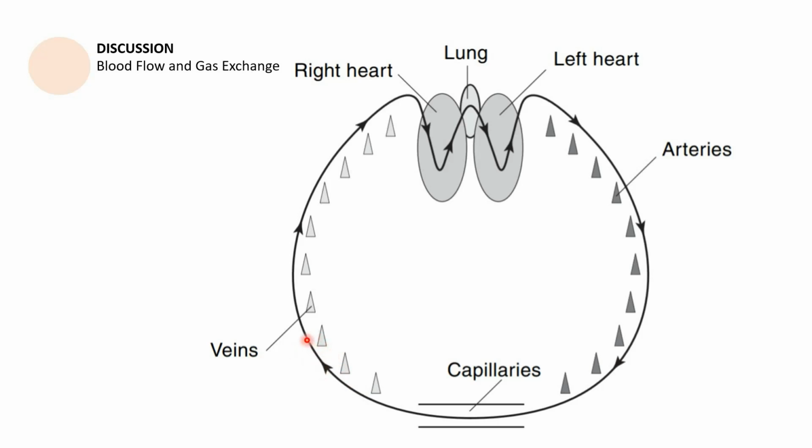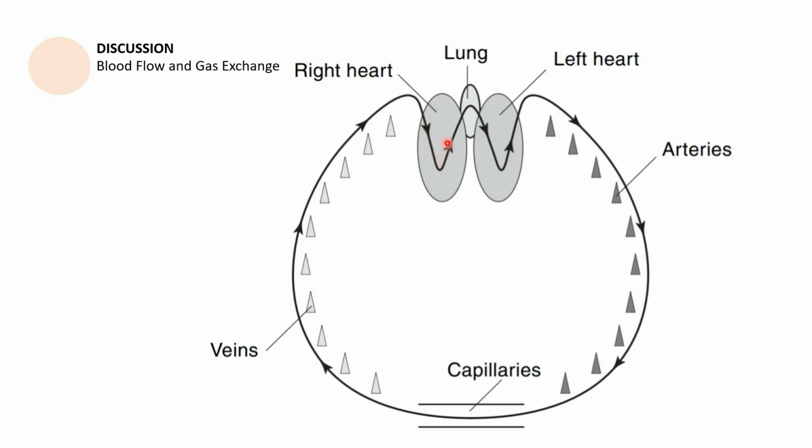Now, the blood that flows through these veins is deoxygenated. Wala na siyang oxygen, meron na lang siyang carbon dioxide. And it's going to go towards the right part of the heart.